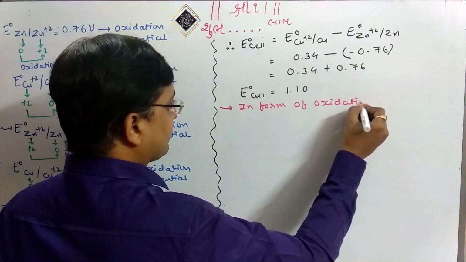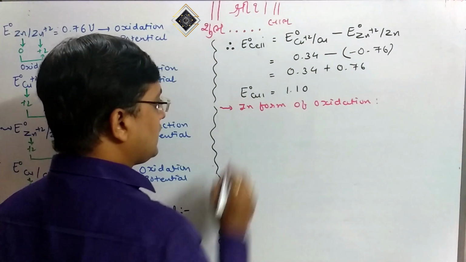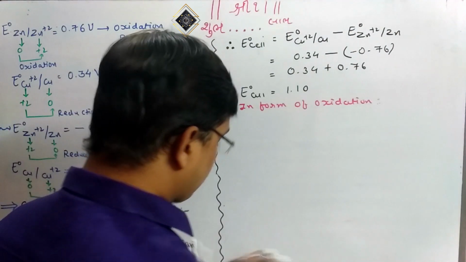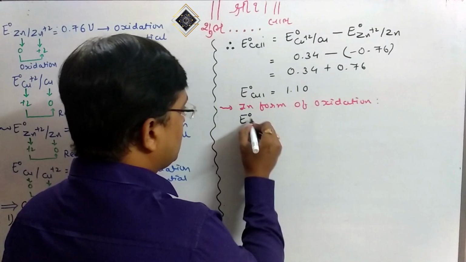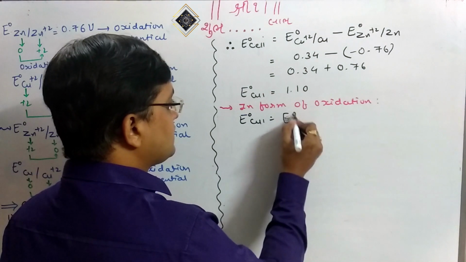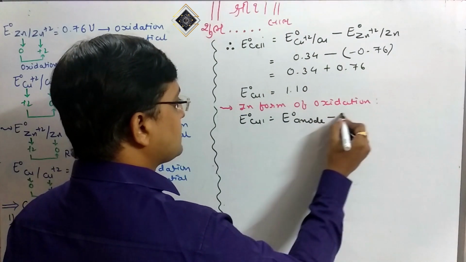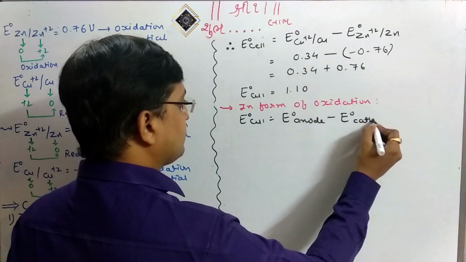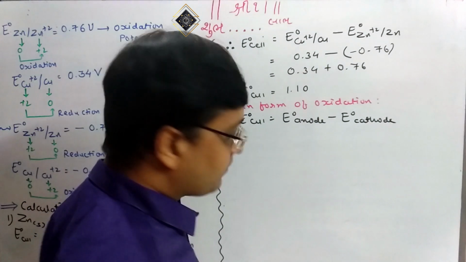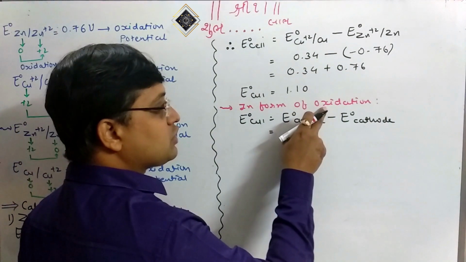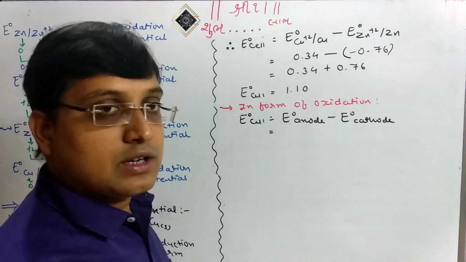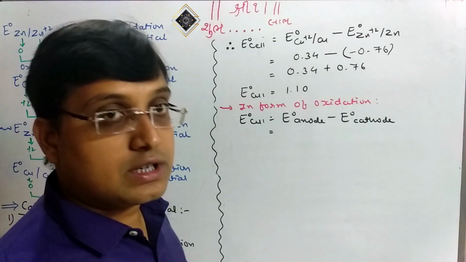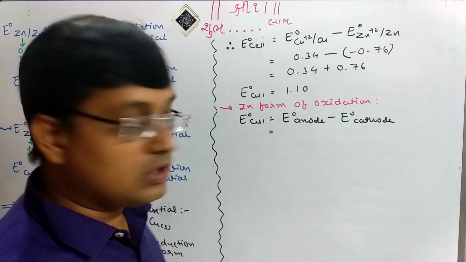Here, in the form of oxidation, we have the formula: E0 cell is equal to E0 of anode minus E0 of cathode. In which form? Oxidation. That means both half cells should be represented in the form of oxidation only.